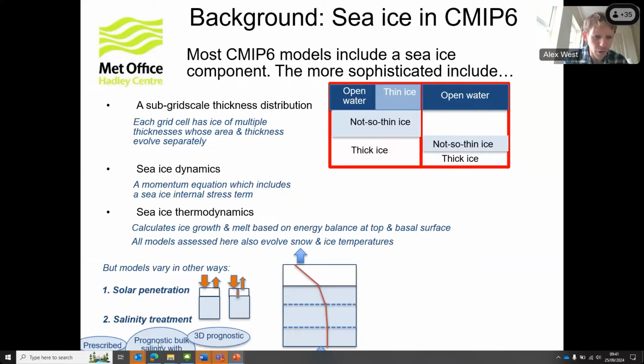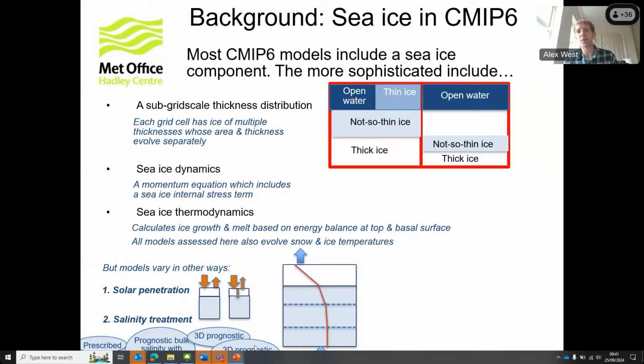Sorry, it's not completely showing at the bottom. They allow it to evolve in bulk, but they have a prescribed vertical profile. Some models allow it to vary in three dimensions, and the most complex models, so-called 3D prognostic plus mushy layer, you probably won't be able to see that right at the bottom because my taskbar is hiding it.